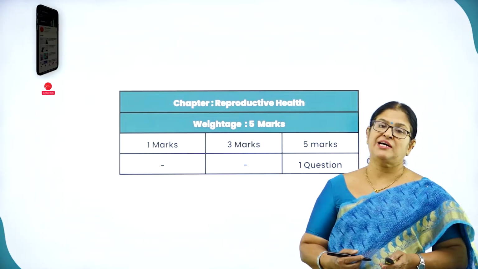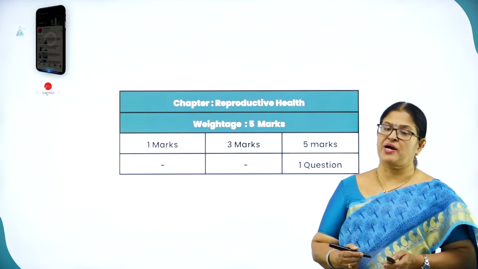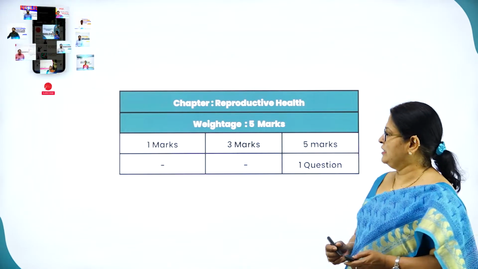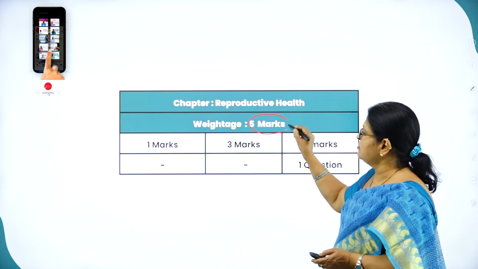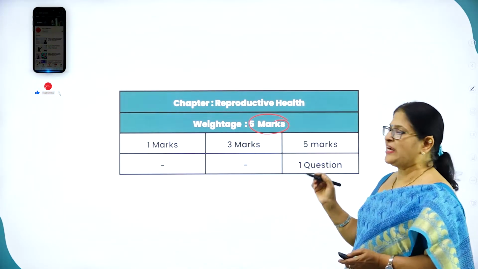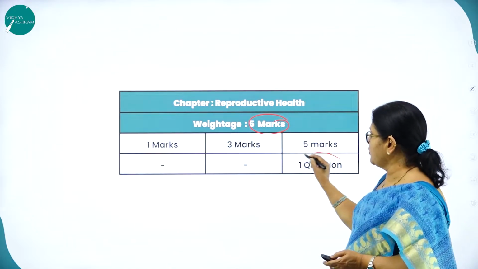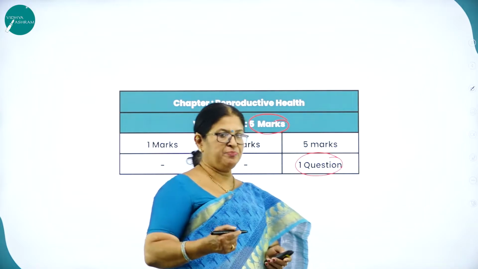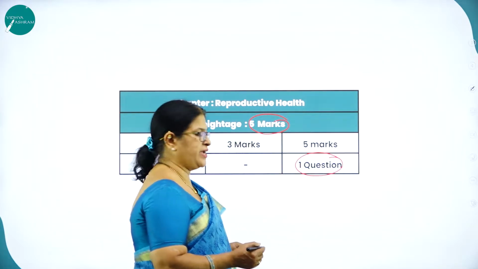Moving on to the chapter weightage. What is the weightage of marks for this particular chapter, chapter 4 called Reproductive Health? The weightage of marks is 5 marks, so you will get one 5 marker question. But as I keep telling you all, sometimes the board question paper may have split questions for a 5 mark question.